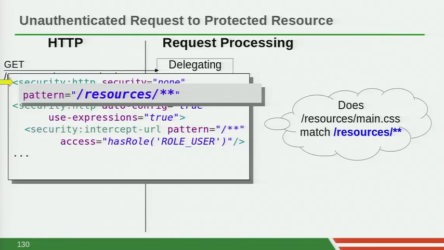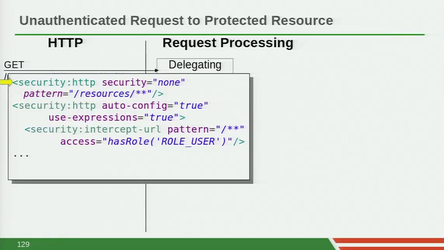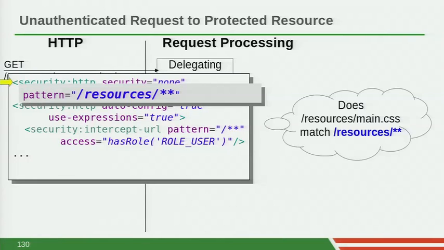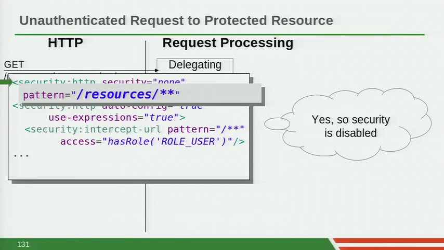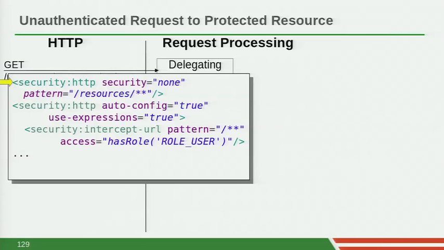So what happens is that if you look at this HTTP element, it also has a pattern element on it, similar to the intercept URL. But this pattern is determining which HTTP element we select. So right now the yellow arrow indicates we're seeing if it matches that. So does main.css match the resources /**? Yes, it does. So we select that HTTP element, and security is disabled because if you look at it, we specified security equals none.